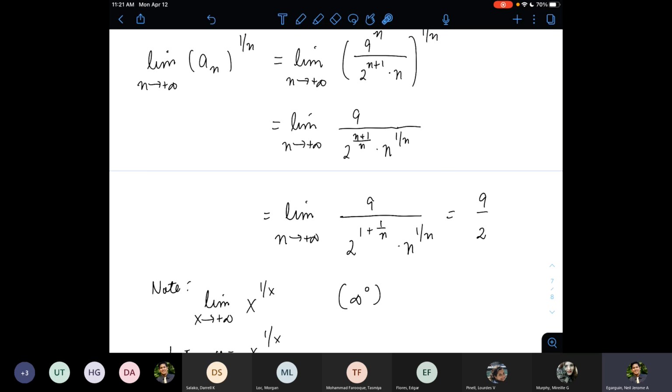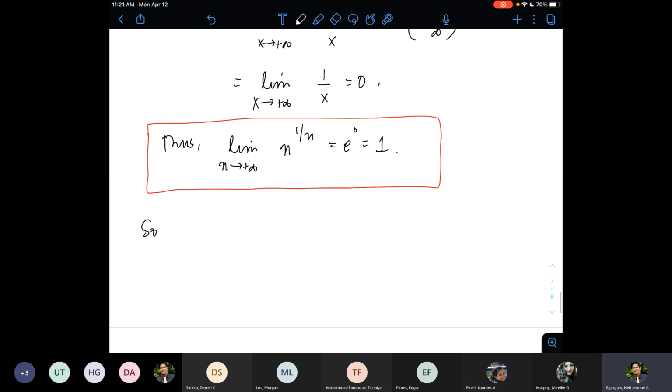Because here you have this going to 0, so you'll have 2 to the 1. That's how I got that. And n to the 1 over n will go to 1. So this would be 2 times 1, but 2 times 1 is 2. So that means this is greater than 1. Okay? So the given series diverges.